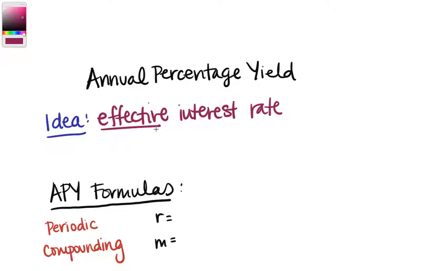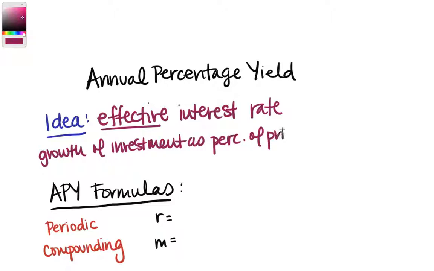We know the APR for that, but what we're figuring out here is the growth of your investment as a percentage of the principal. So all of that interest that's earned compounding the whole year, but taking all of that interest and saying, well, what's the percentage of the original?